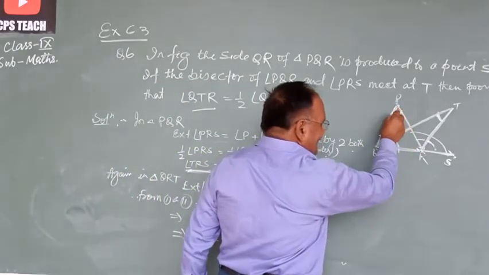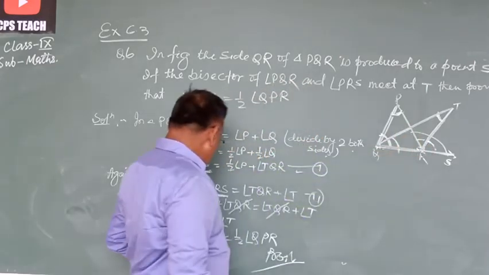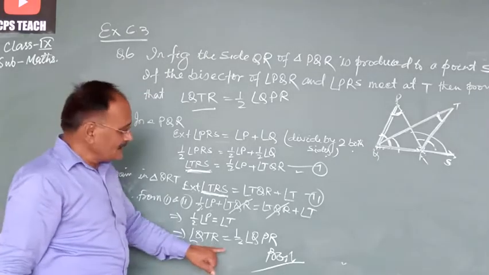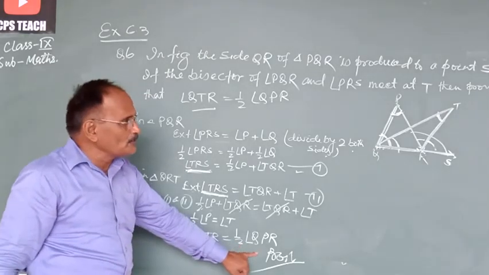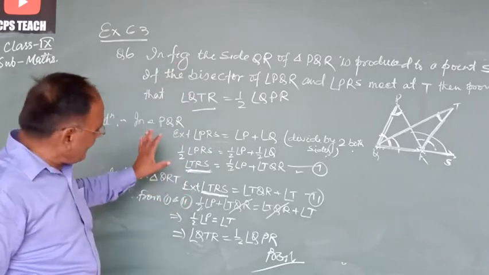This is the angle P, and that is written as QPR. So angle QTR is equal to 1/2 angle QPR, and it is the proof of this equation. Just I have proved.